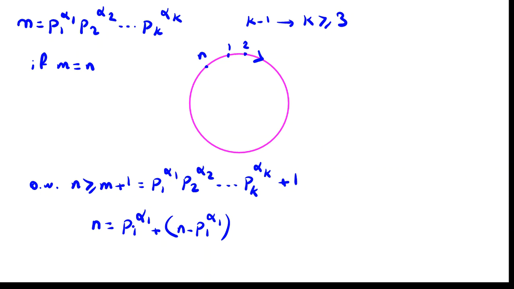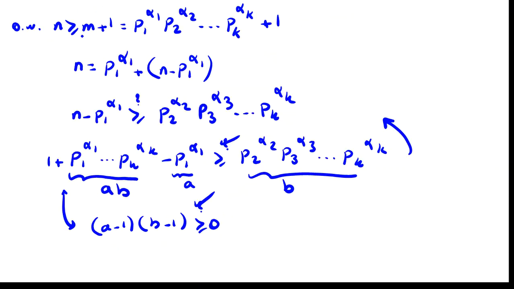Now, subtract p1^α1 from n, so n equals p1^α1 plus n minus p1^α1. Now we consider a cycle of length p1^α1, and with this we want to create cycles whose LCM equals the rest, p2^α2 to pk^αk. Let's see how we do that.